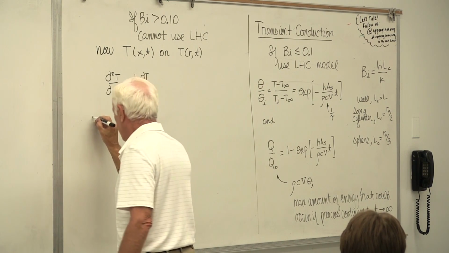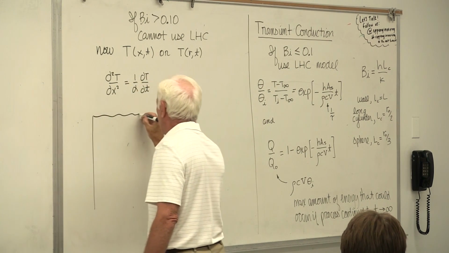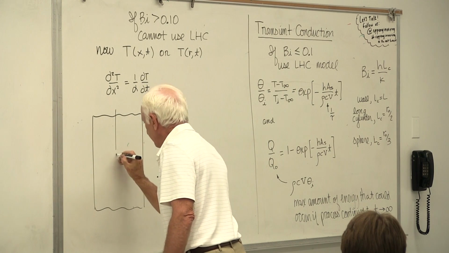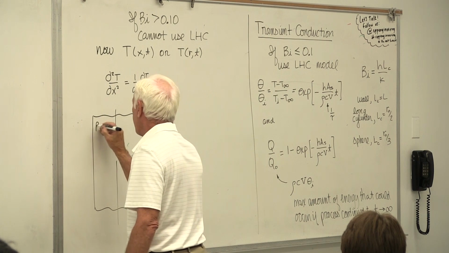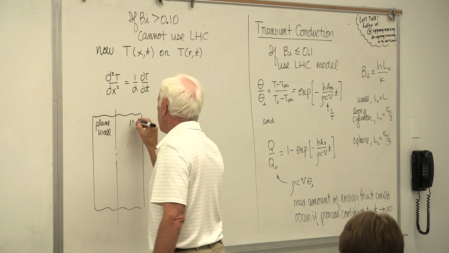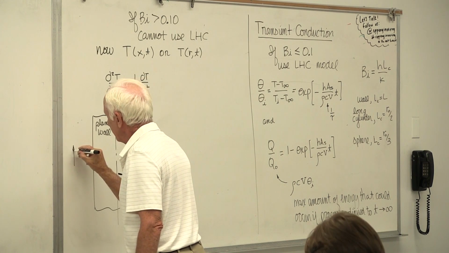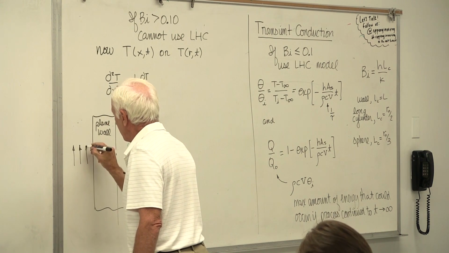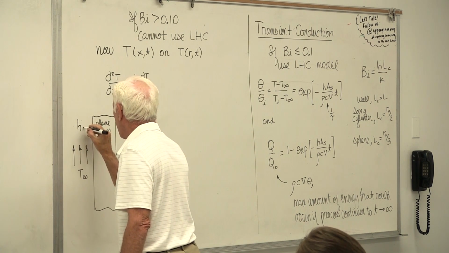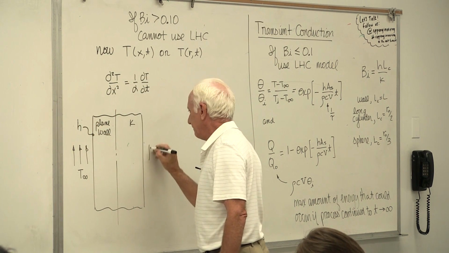The picture that goes along with this, we had it on the board last time, but I'll reproduce it here. This is a plane wall. There is a fluid blowing over the outside of the plane wall at temperature T infinity.